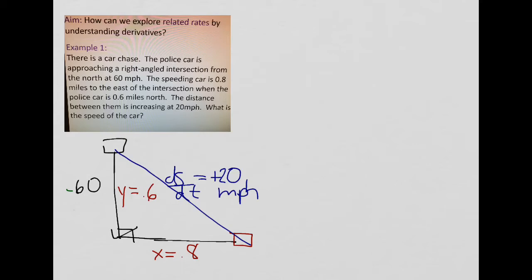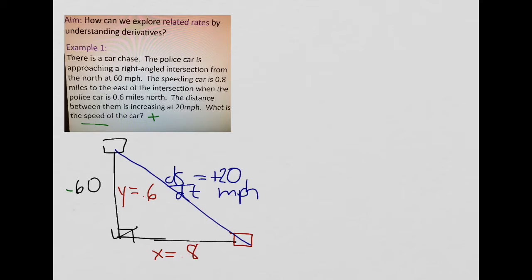Okay? So when we do talk about speed, if we did get a negative answer, we need to take the absolute value of it. Okay? Because that does need to be positive. But in this particular problem, it should work out that we do get a positive answer. So I just want to go back to that negative 60 here.